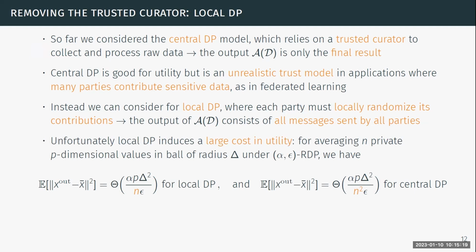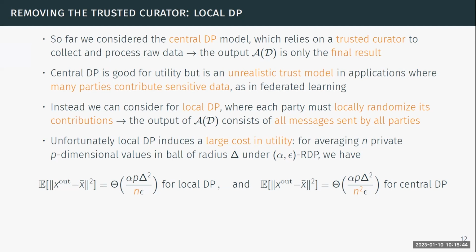We can see this from a very simple setup, which is the task of averaging n p-dimensional values. Very simple query: everybody has a number and we want to compute the average. In central DP, this is the error in square norm that we get under differential privacy.